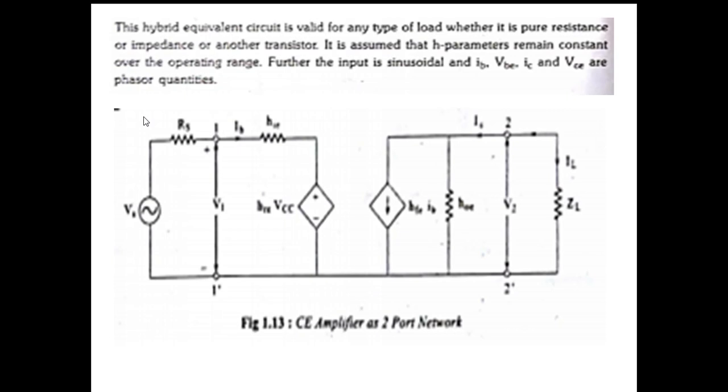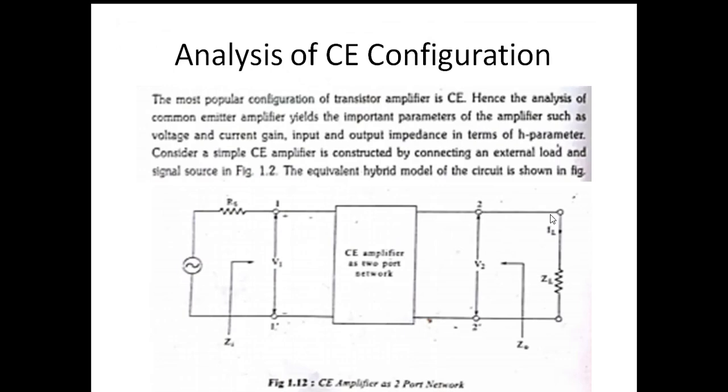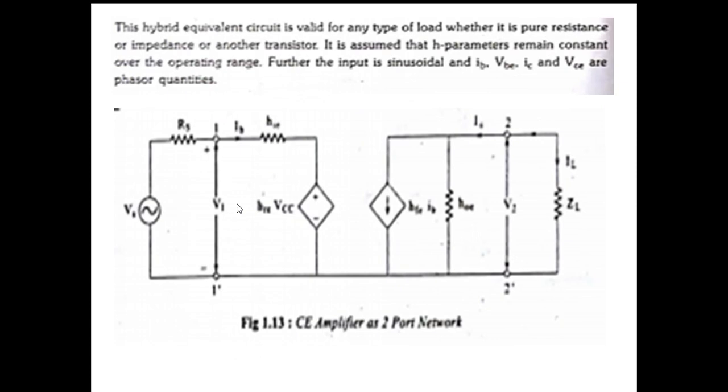Next, the remaining circuitry, the voltage source and source resistance and ZL the external load, are connected to the given two port network. This ZL should be connected to our hybrid model of a CE amplifier.